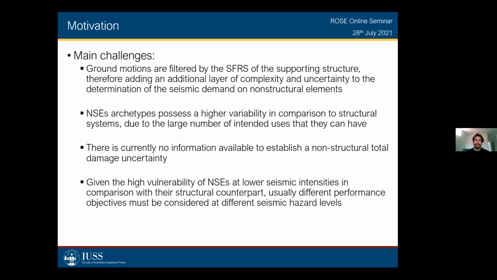And this is a very robust way to assess performance. If you want to assess performance in a very robust way, you need this type of information. And this has not yet been developed for non-structural components, and there's not much information about it. So this is also an important issue.